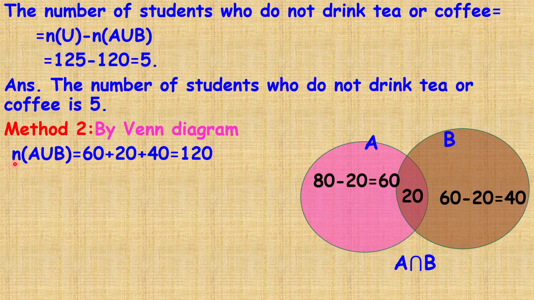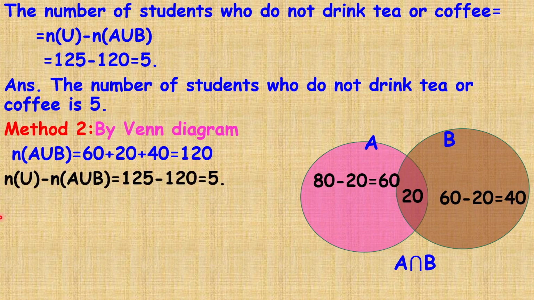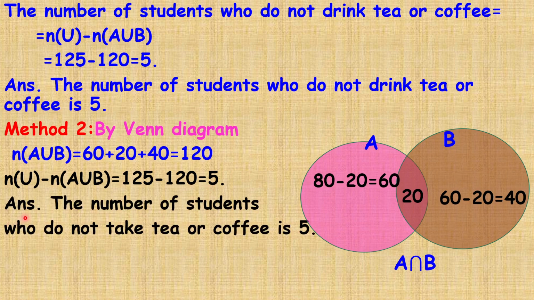Therefore, the number of elements in A union B is equal to 60 plus 20 plus 40, which is 120. The number of students who do not drink tea or coffee is total students minus the number of students in A union B, which is 125 minus 120, equal to 5. So the answer is the number of students who do not take tea or coffee is 5.